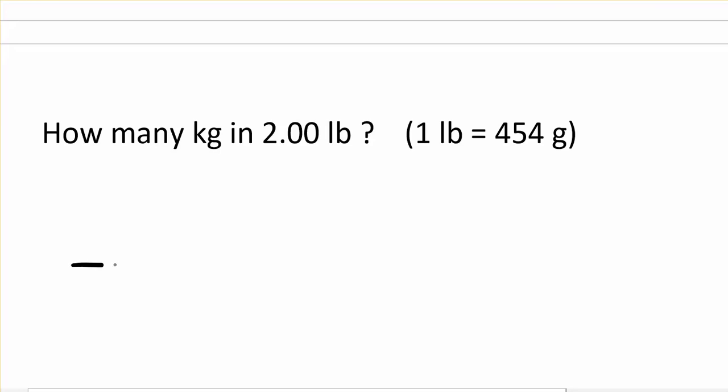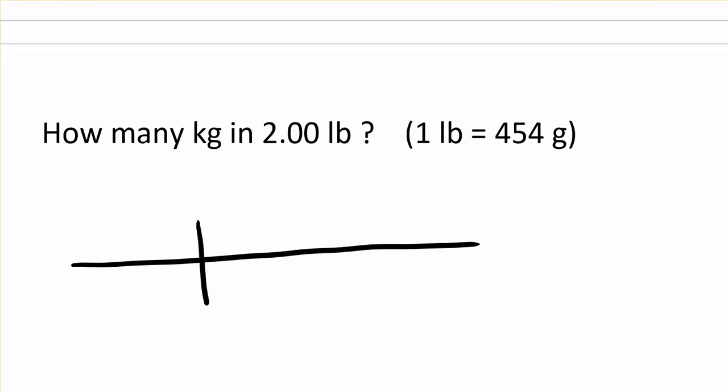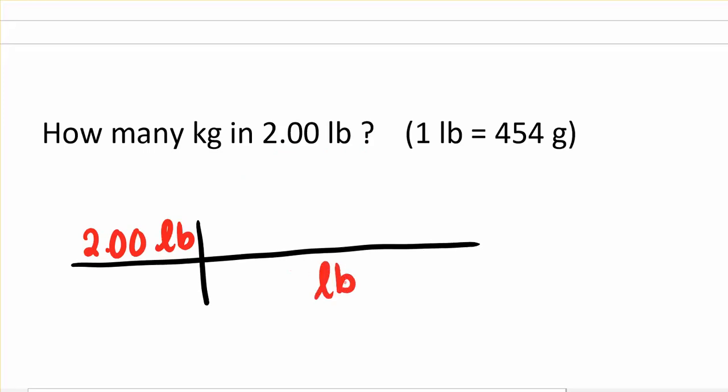Okay, in this problem, I find the number that is just one number, 1 unit, to start with. That's the 2 grams. I'm sorry, 2 pounds. And so I need pounds here because I want these to cancel. And then I ask myself, what do I want to go to next? Well, I would like to have an answer of kilograms, but I don't know the numbers here without looking them up to say how many pounds in a kilogram.